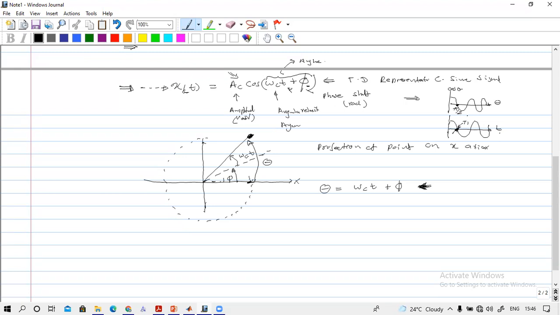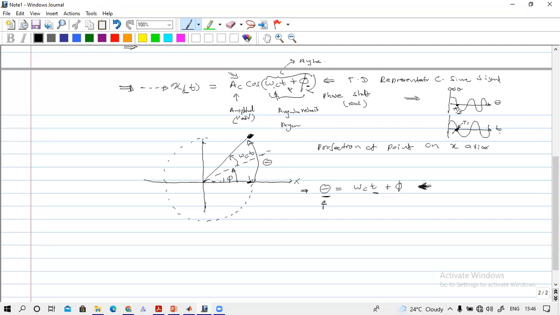That is the idea here. So it is very clear that this whole term represents the angle of the cos function. Okay. So what about this theta?